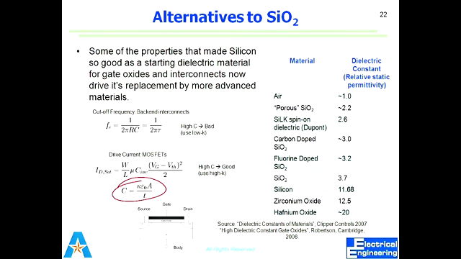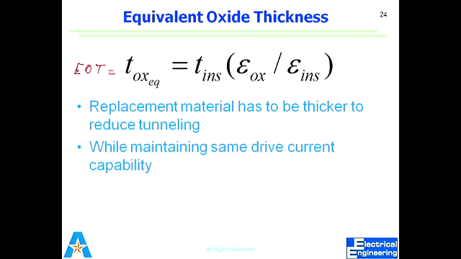So we are interested in materials that have high dielectric. Silicon nitride is the second option, but there are some other options as well, like titanium oxide.